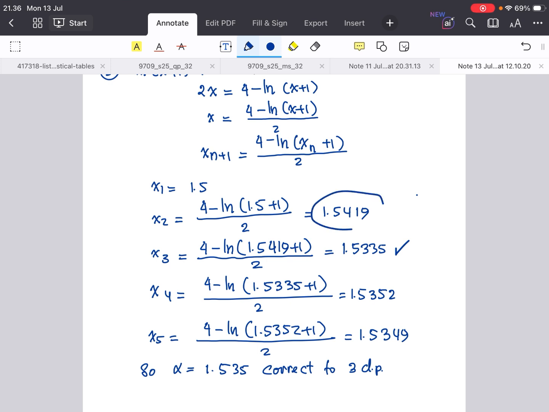We input x2 here. And then x4, we input x3 here. And repeat the same process again and again until we can have the conclusion that alpha is 1.535 correct to 3 decimal places.